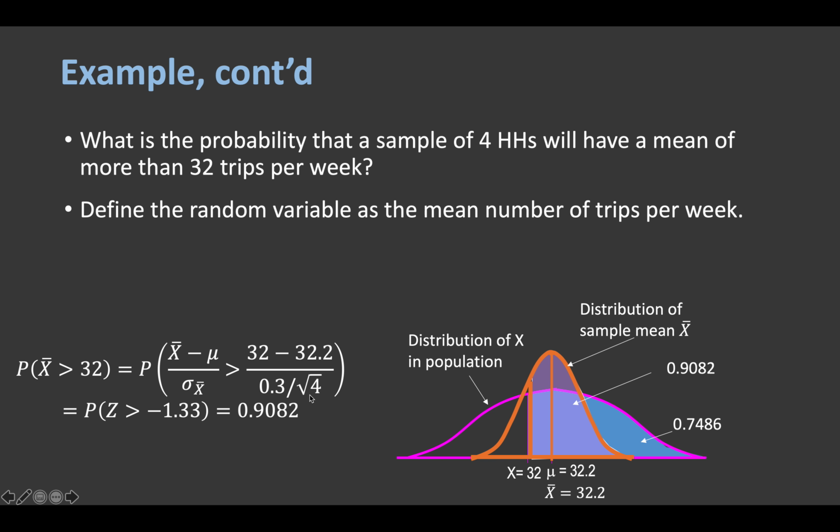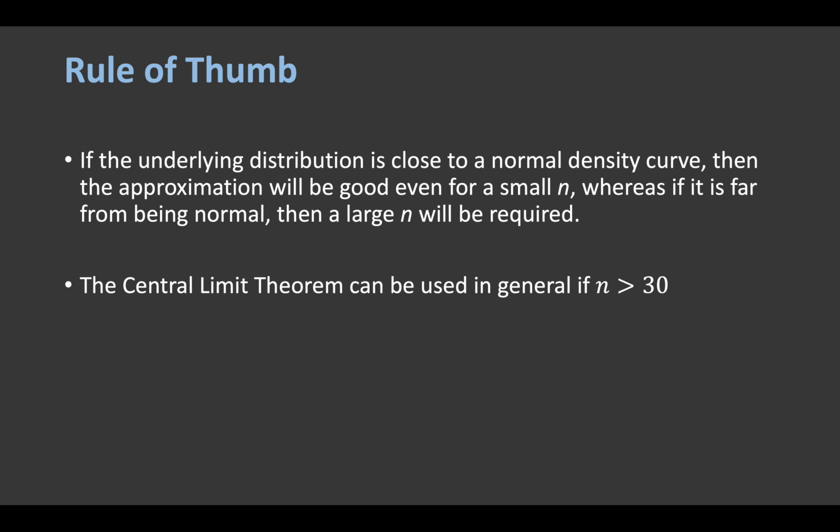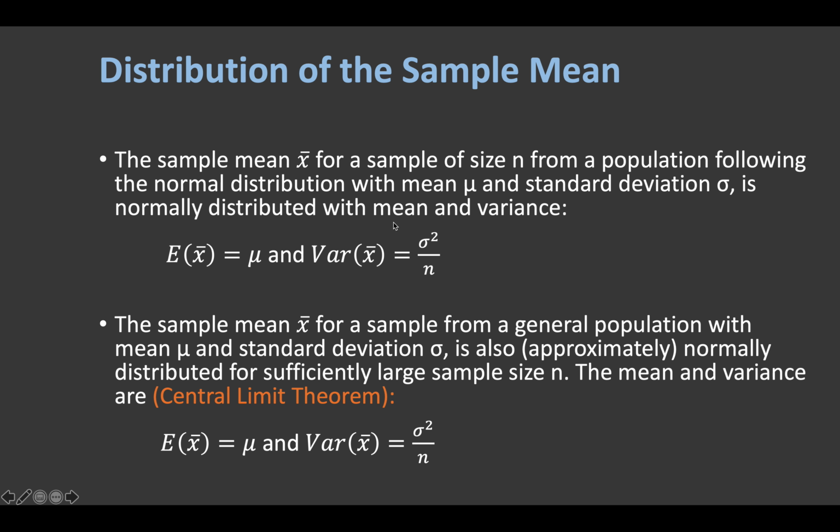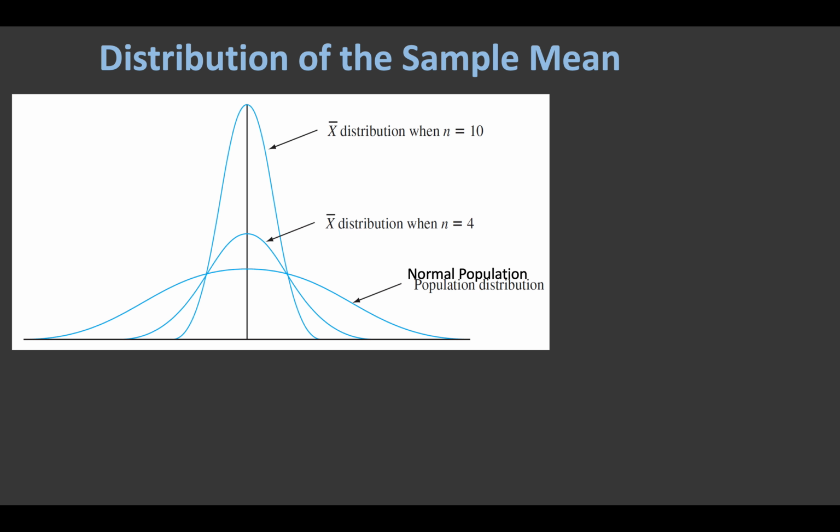But for this part, we need to divide it by the sample standard deviation. For the sample standard deviation, we cannot use 0.3 anymore, right? Because the sample standard deviation is this, or the variance is this, and to take the root of that gives us the sample standard deviation.